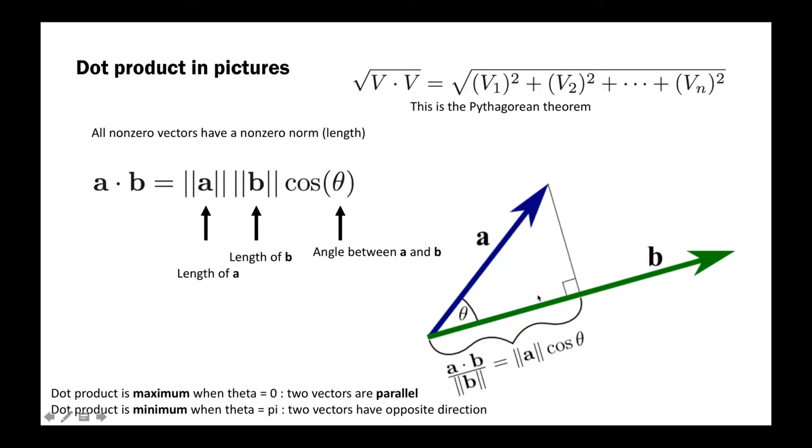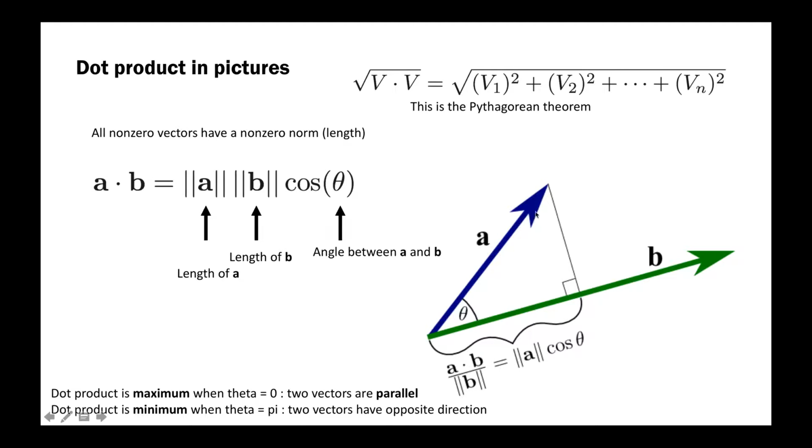So I won't prove that this relationship holds, but a useful way to picture the dot product is using this alternative formula for the dot product. So here I have two vectors, A and B, and I want to compute their dot product. Another way to do it is to take the length of A times the length of B and multiply that by the cosine of the angle between A and B. So let's look at a picture.